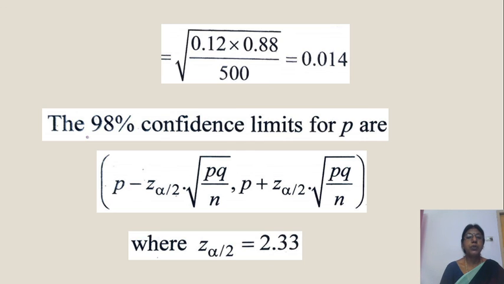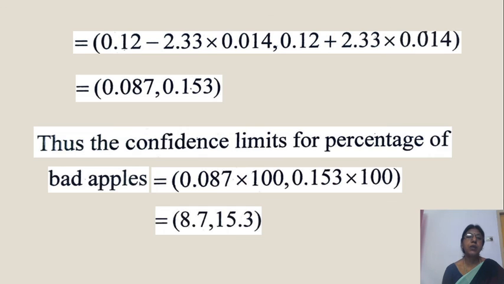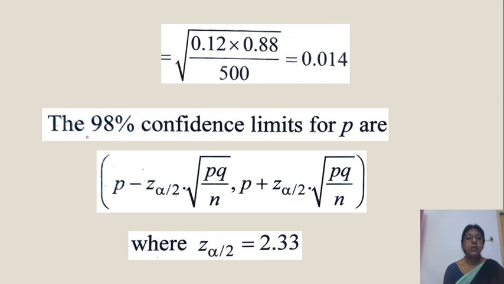For 0.02, the Z value is 2.33. So in place of Z alpha by 2, you put 2.33. Now substitute these values, P value, Q value, N, Z alpha by 2, in this interval limits.